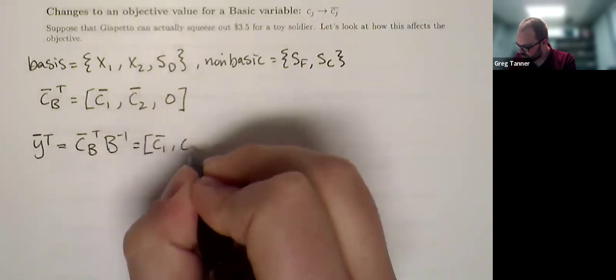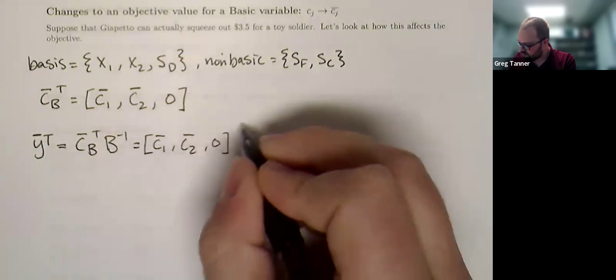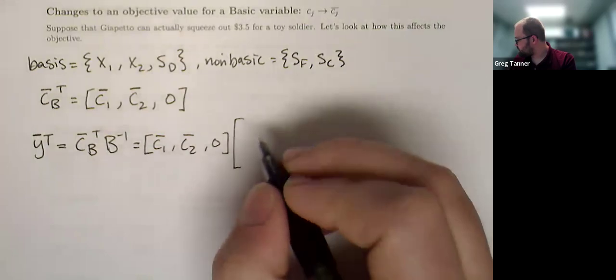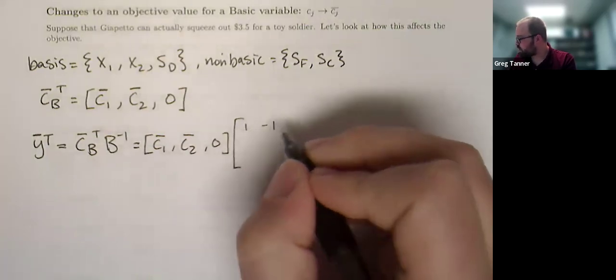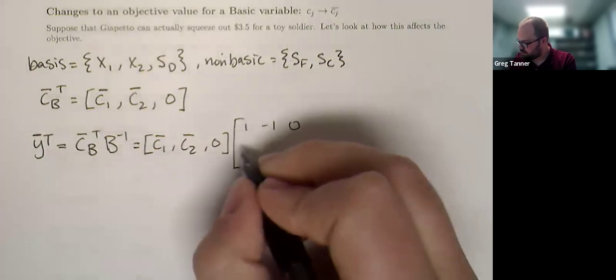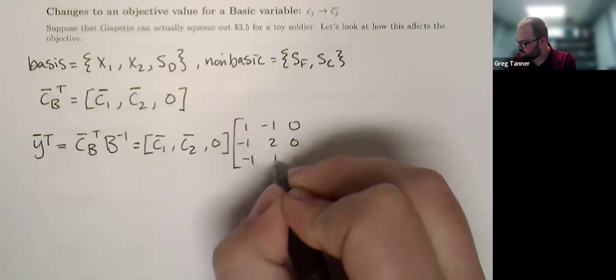We can think of these in terms of C1 and C2 and 0. And then we'll multiply by that B inverse matrix, which is 1, -1, 0, -1, 2, 0, and -1, 1, 1.